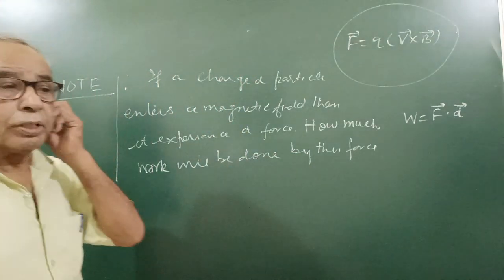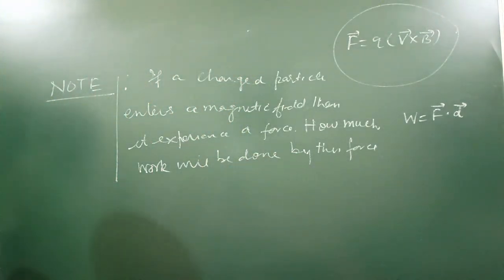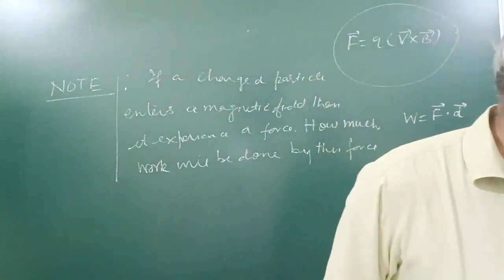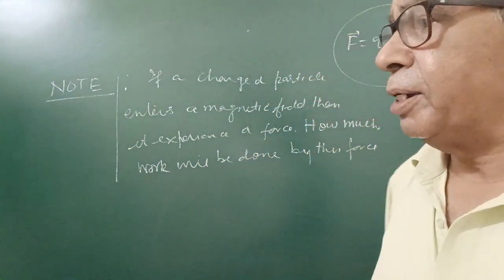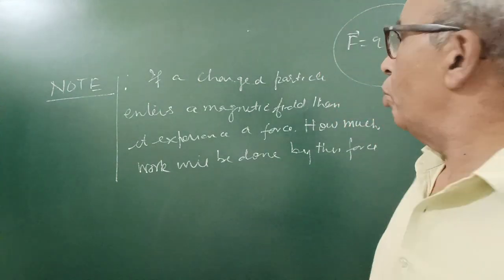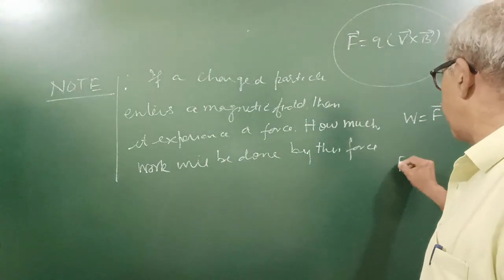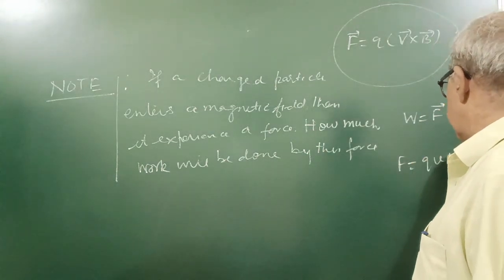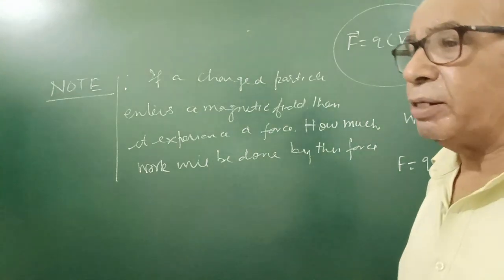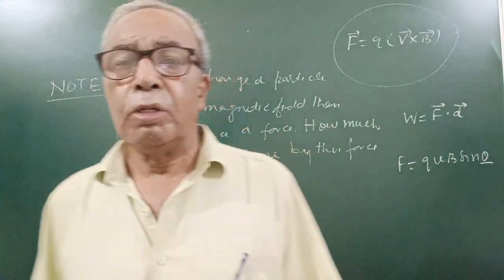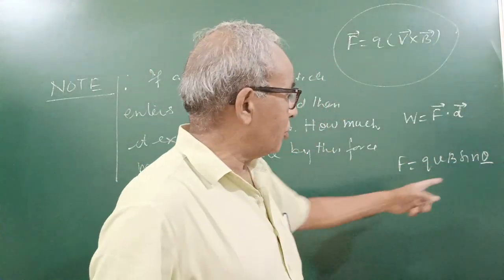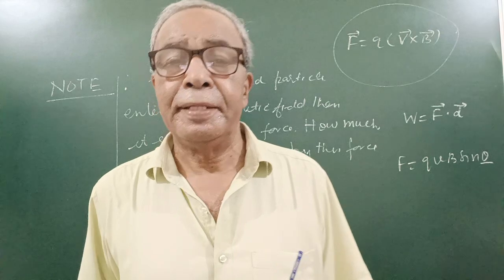Please note it. Whatsoever the angle, if the particle enters the magnetic field parallel or anti-parallel, then force is zero, because magnetic force is qvB sin theta. If theta is 0 or 180 degrees, sin 0 is 0, sin 180 is 0, so the force is not there at all.